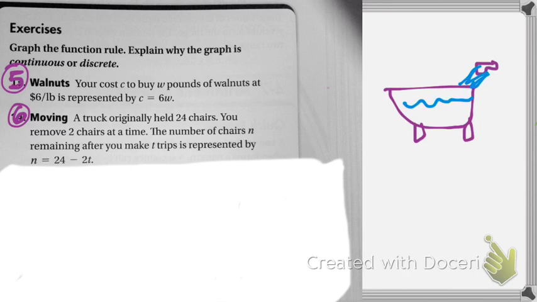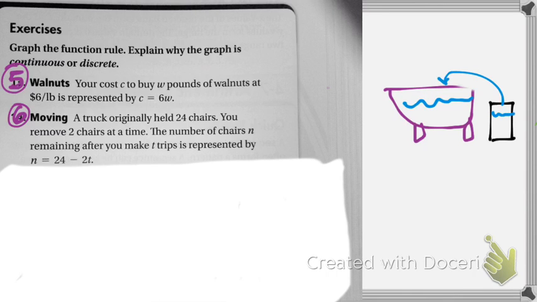And then there's the discrete. What if I take this faucet away and instead of a faucet I just have a bucket? A certain amount of water goes into that bucket, and that's what I'm filling up the bathtub with. If I put in one bucket, I have 5 gallons of water in the tub. If I put in 2 buckets, I have 10 gallons. If I put in 3 buckets, I have 15 gallons, and so on. So discrete is if I have a certain amount that goes in each time.